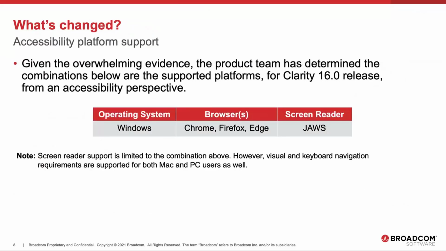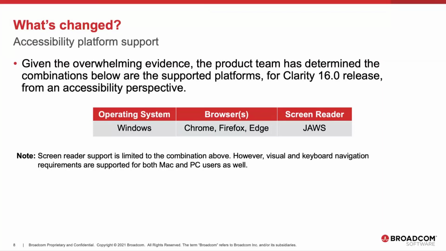All right, so what's changed? The first thing I want to go over is the supported accessibility platform. The product team has determined that the combination of the Windows operating system, Chrome, Firefox, and Edge browsers, and the JAWS screen reader is the solution that is considered the supported accessibility platform for the 16.0 release.